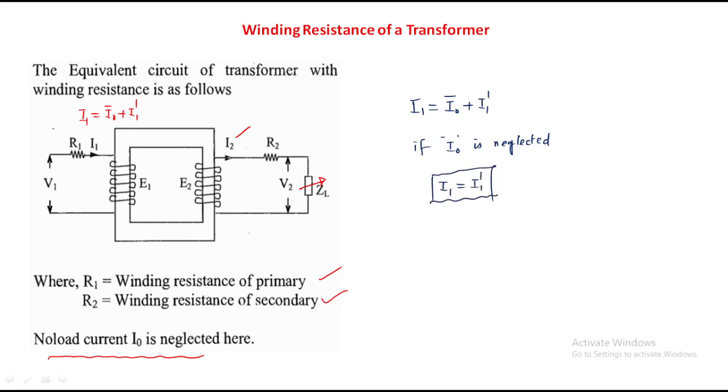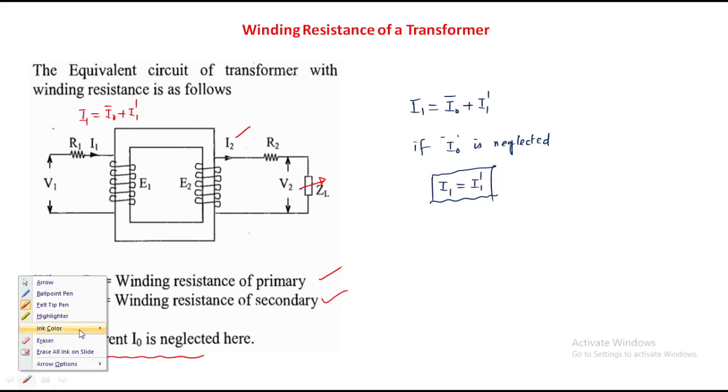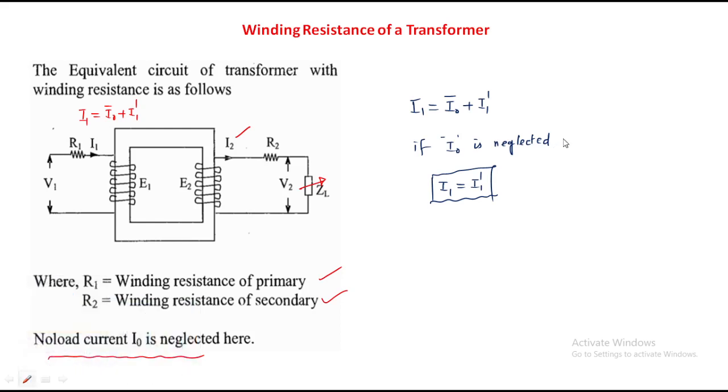Why is it neglected? Since the magnitude of I0 is very less. What is the value? It is approximately equal to 5% of full load current, right? So that's why we have neglected the I0 current here.